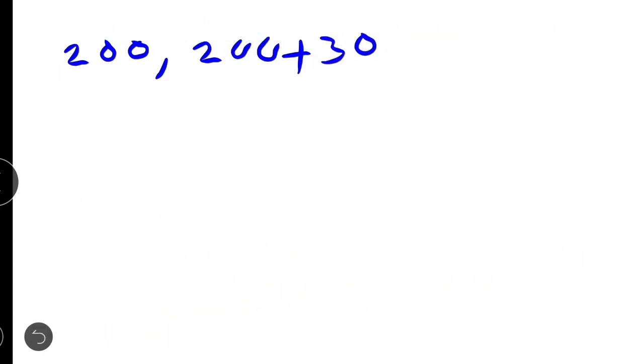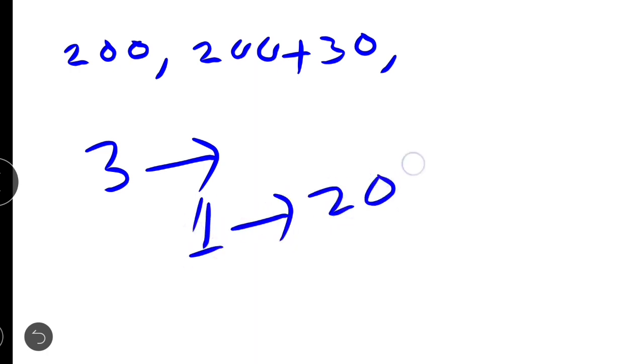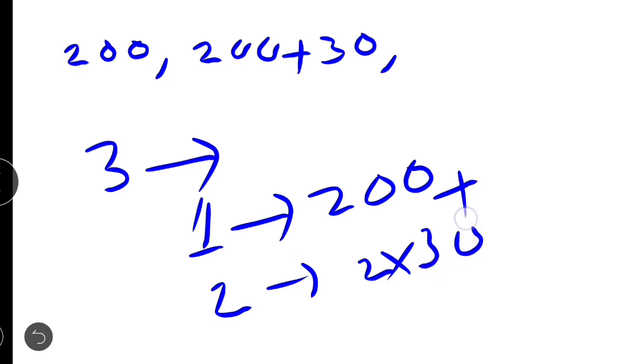So 200 plus 30. Next for 3 meters, first meter 200 rupees. For the remaining 2 meters, each meter 30 rupees. So 2 into 30. Let's add them: 200 plus 2 into 30.